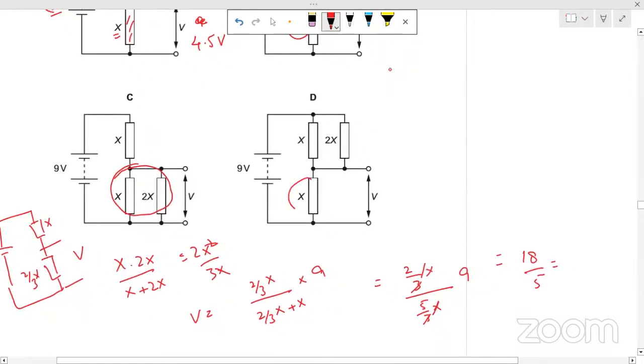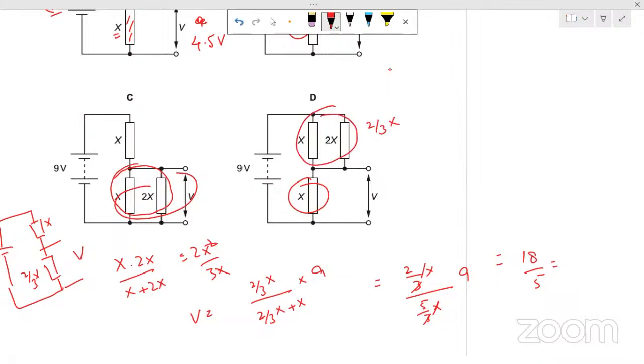What about this voltage? This is similar to this. The resistance of these two is 2 by 3x. So what about the voltage? That is x over 2 by 3x plus x times 9. So 9x divided by 5x by 3.